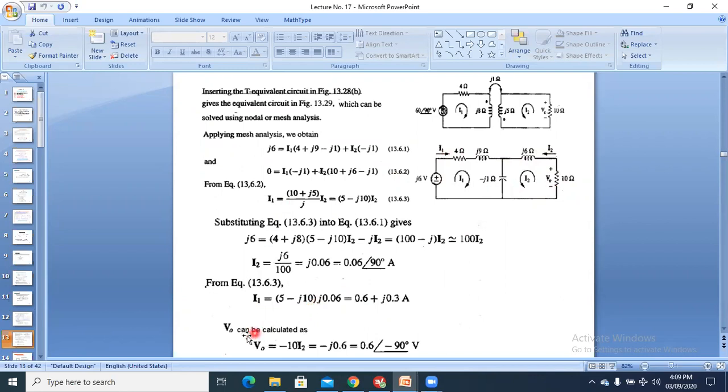And after calculating I1 and I2, we calculate the value of V out by just putting minus 10 I2 in the circuit. So that is very simple. This simple circuit does not require any explanation because you can solve it quickly with the previous knowledge you have learned in the lectures.